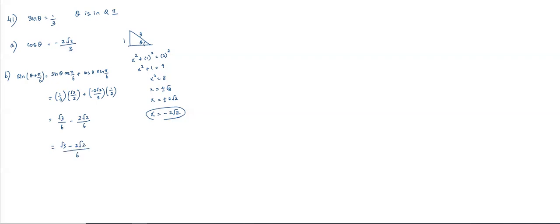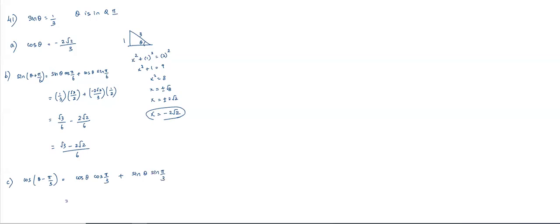The next part of the question is asking you to do cosine theta minus pi over 3. So use the cosine difference formula, cosine A cosine B plus sine A sine B. So cosine theta, what is it?